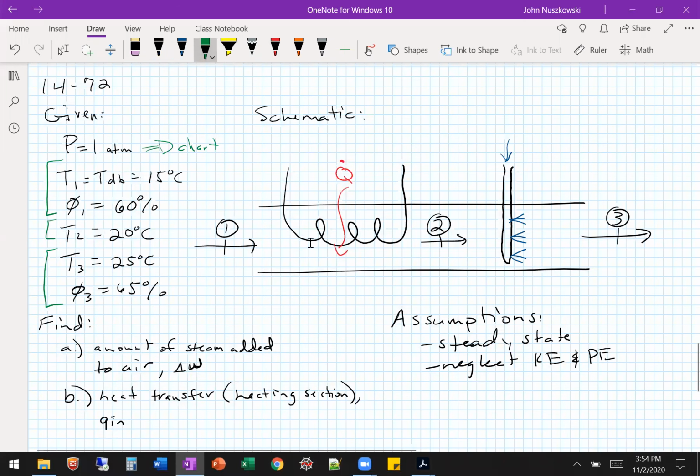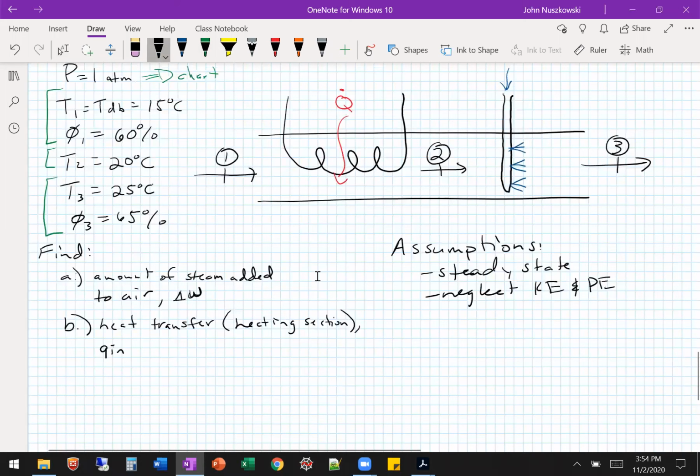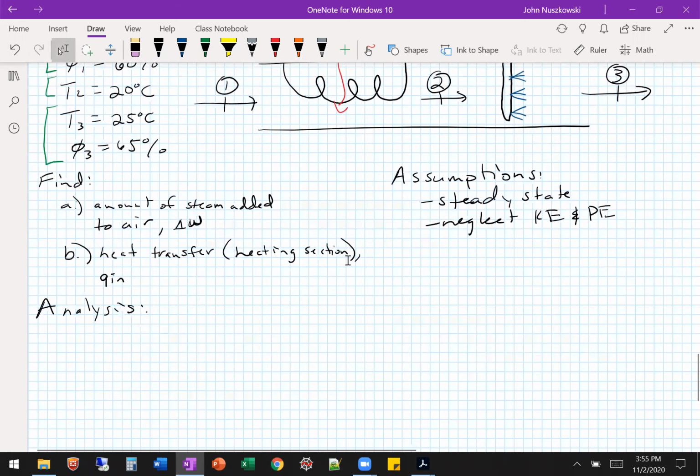So that's key on our states, and that's kind of key when we think about what we're going to analyze too. And that's what changes from one problem to another, because they'll give you some information about state 1 in this one, but we don't have as much about state 2. Or maybe in a different problem, they don't give you as much about 3 but give you more about 2, or just try to move around what you know and what you don't know.